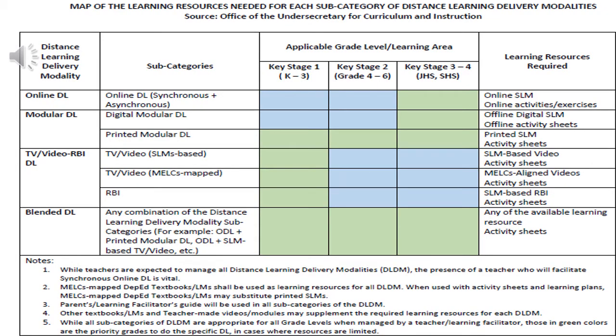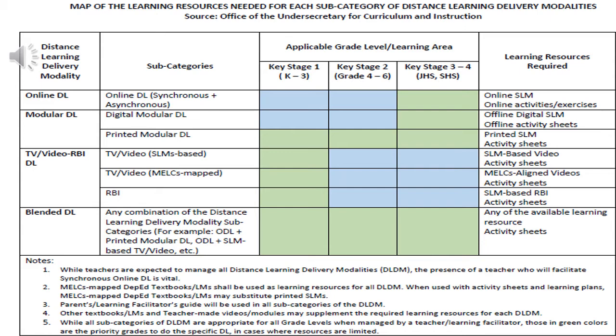Now, let us discuss the map of the learning resources needed for each subcategory of distance learning delivery modalities. As you can see, there are 4 columns in the map: the distance learning delivery modality, subcategories, applicable grade level or learning area, and learning resources.